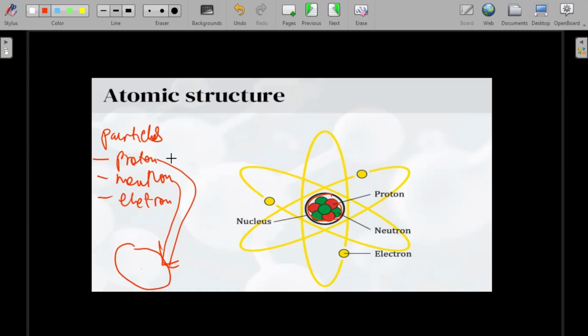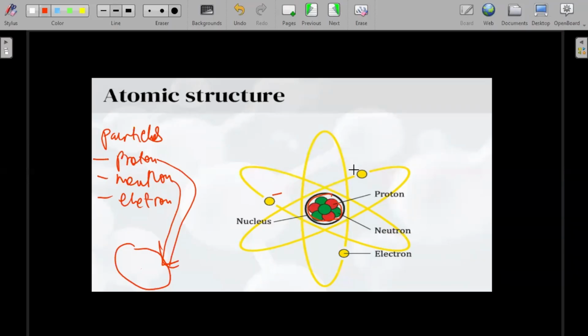If we view the properties of these particles, you notice that electrons are negatively charged. In terms of weight, electrons have such a very small mass that it is considered negligible. They have no weight because their mass is very small. The mass of the protons and of the neutrons is about 1 atomic mass unit.